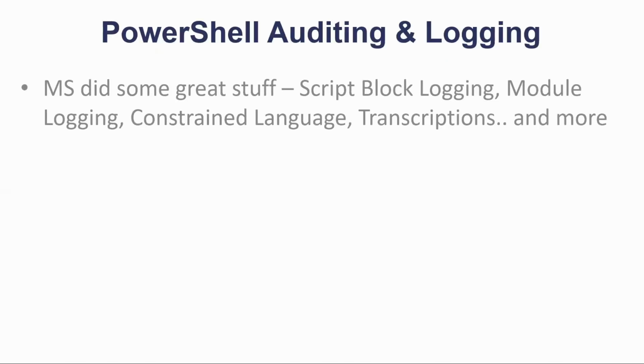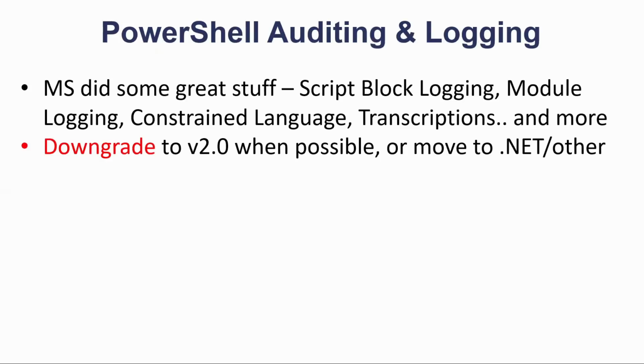Speaking about partial auditing and logging, Microsoft did some great stuff: a set of capabilities, script block logging and module logging that we saw, constrained language, transcriptions, etc. And this really pushed us as hackers and pen testers to downgrade. If you want to continue to work with the juicy stuff from PowerShell, basically 5, it forced us to downgrade to PowerShell 2.